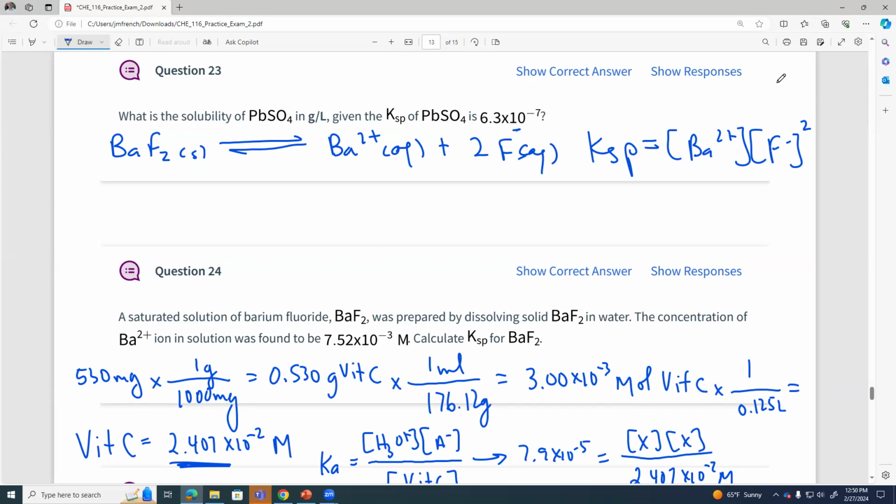So what would be the next step for us here? We know the equilibrium, we know KSP, and they tell us that the barium concentration is 7.52 times 10 to the minus 3. What is the KSP? We're trying to solve for KSP. So what would our next step be?